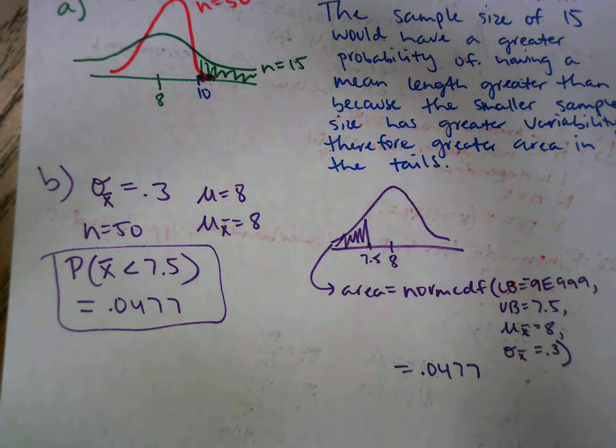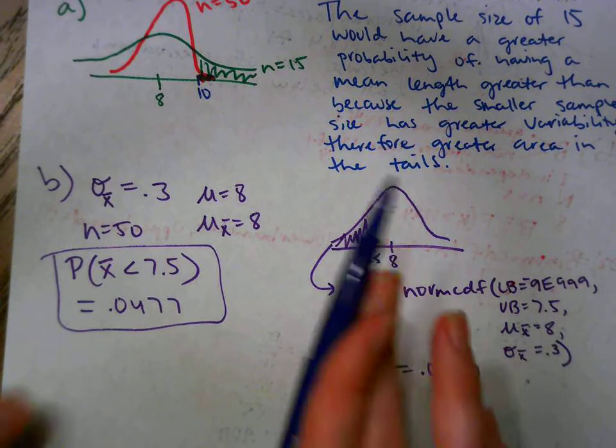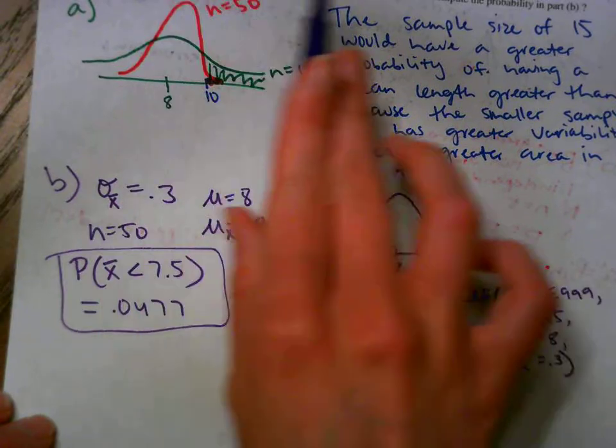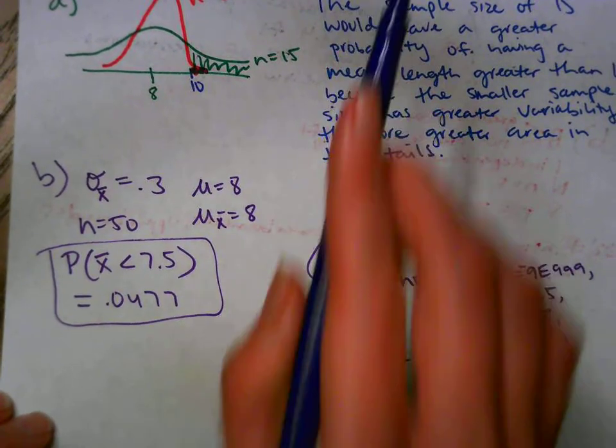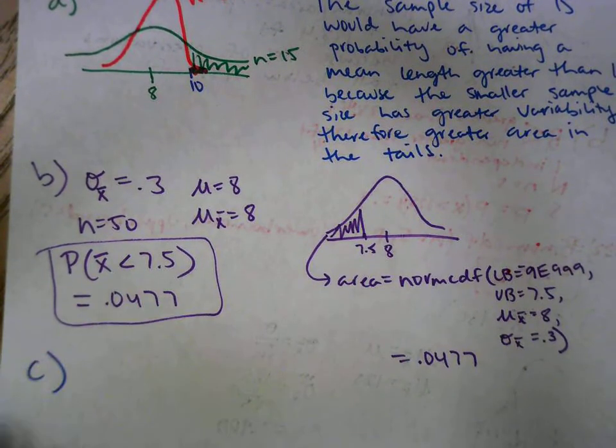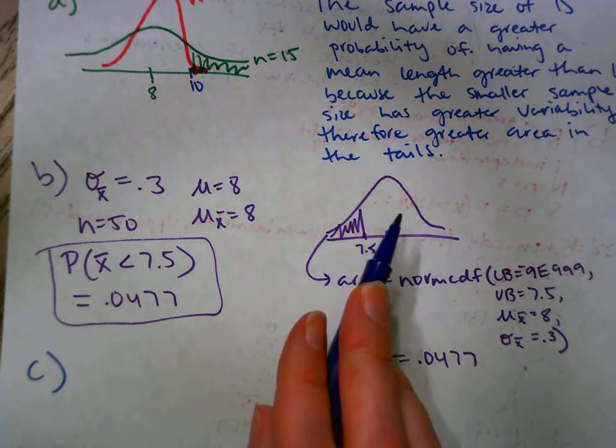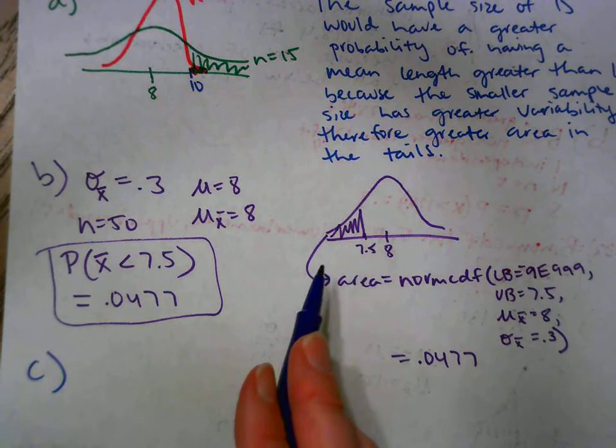And for part C, it says suppose the distribution of the fish lengths in the lake was non-normal, but it had the same mean and standard deviation. Would it still be appropriate to use a normal distribution to compute the probability in part B? Justify your answer. So this is asking about your conditions. Let's say you didn't know that the population was normal, that it was non-normal. Could we still use a normal approximation for the sampling distribution?